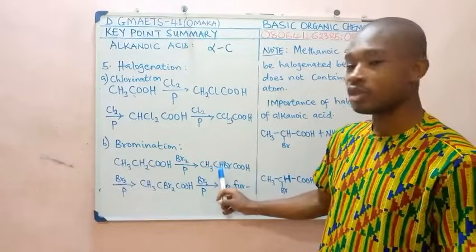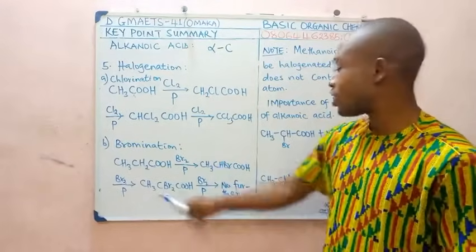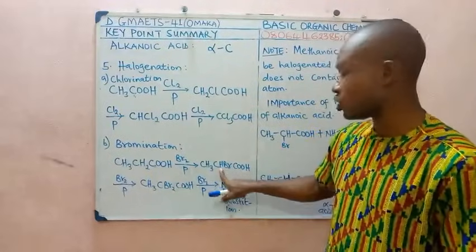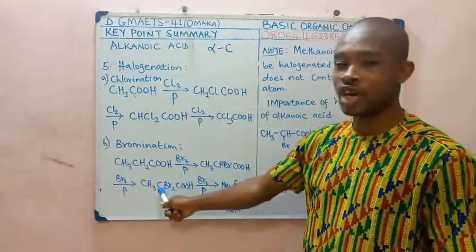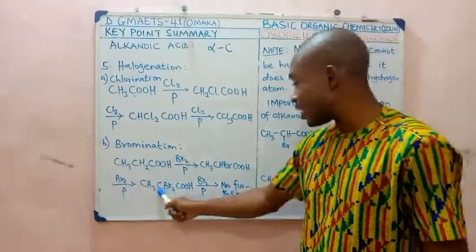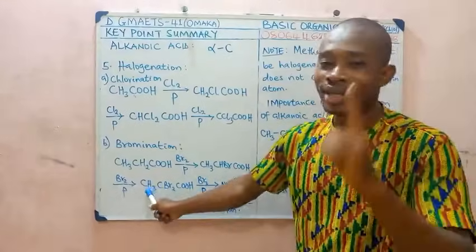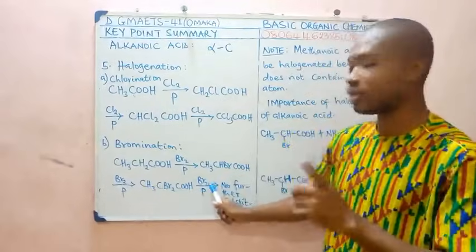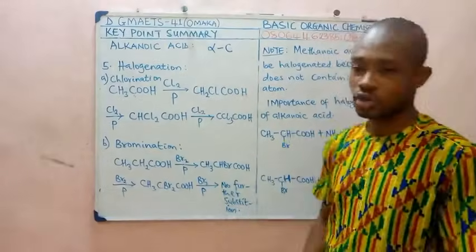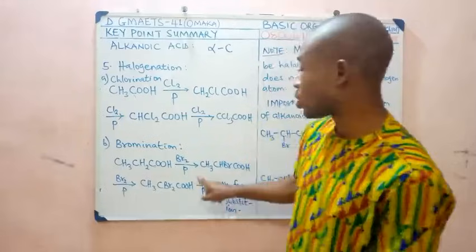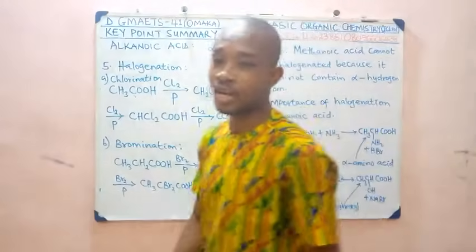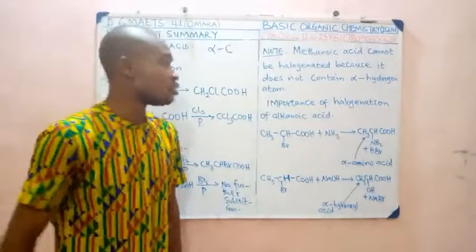On the second carbon atom, you have the bromine. Further bromination can remove this hydrogen, so you get 2 bromine on that alpha carbon. If you brominate again, the bromine can no longer attack the beta carbon, so the reaction will stop. That's why we'll have no further substitution. But like I said, if it were to be chlorine, chlorine will attack this beta carbon, replacing the hydrogen there.